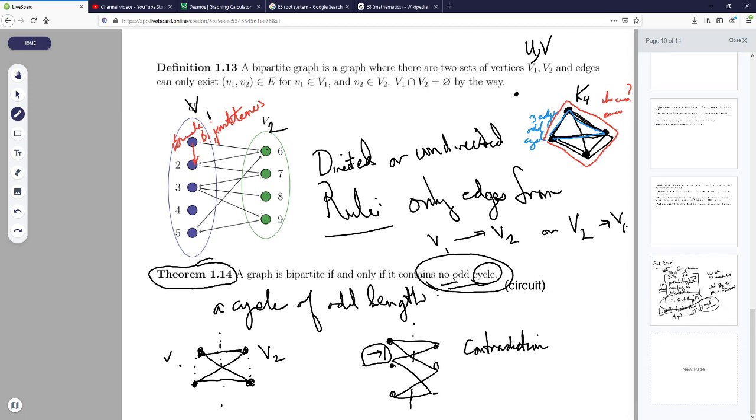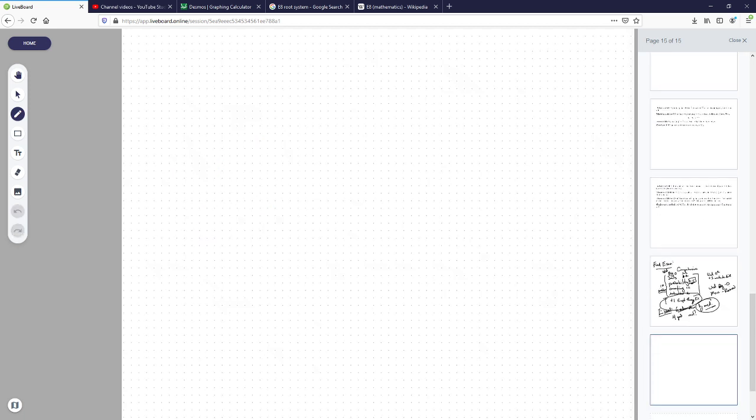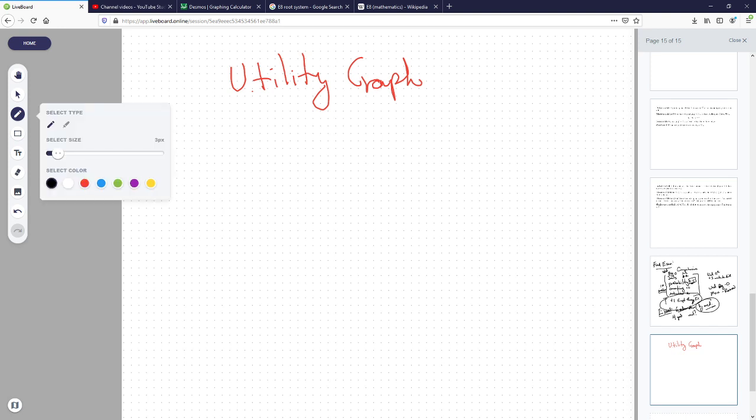Yeah, I'm not sure if that has a name. So there's something called the utility graph. I think it has some other names, but this is one of its names. And it's a bipartite graph. 1, 2, 3, 4, 5, 6.